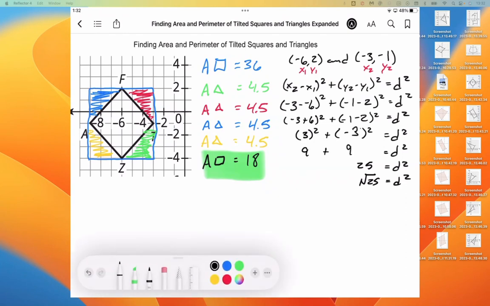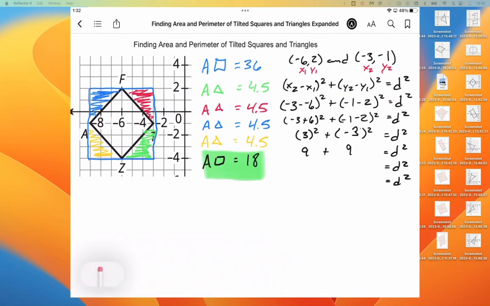So we'll have 9. All right. I hate mistakes. Okay, so 9 plus 9 is 18. We're looking for the square root of 18, 4.24.